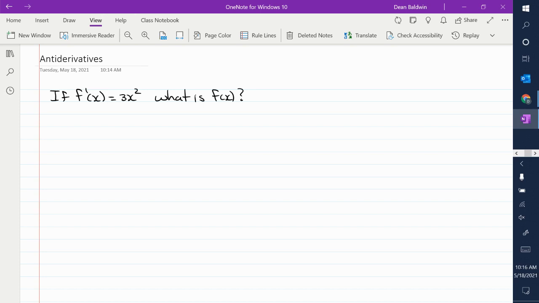What was the original? It would be x cubed, right? f of x would be x cubed, because the derivative of x cubed is 3x squared. All right?